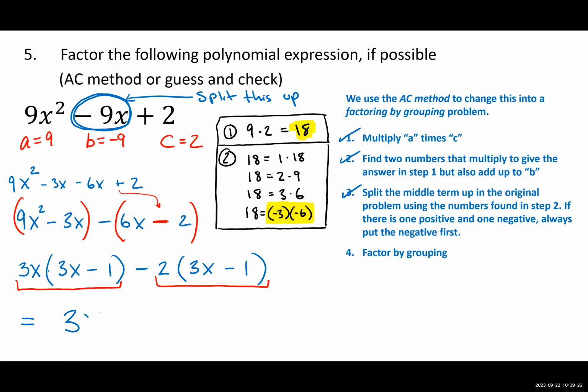So our final answer will be equal to 3x minus 1, which is the common factor, and then the leftovers. From the first term, there's still a 3x left over. From the second term, there's still that minus 2 left over.